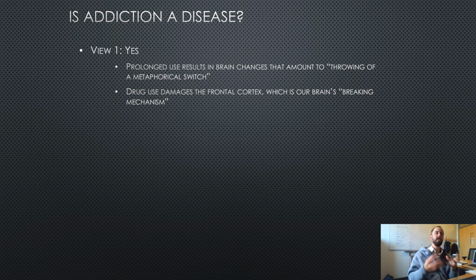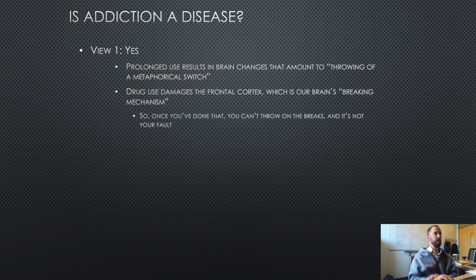It's a biological thing. You're taking this drug, which is damaging the part of your brain that allows you to stop taking the drug. You don't have brakes anymore in your car. You can't throw on the brakes because you damaged them. It's not your fault. And that's why chronic relapsing use tends to be the pattern.